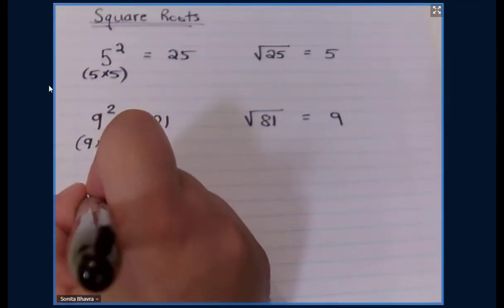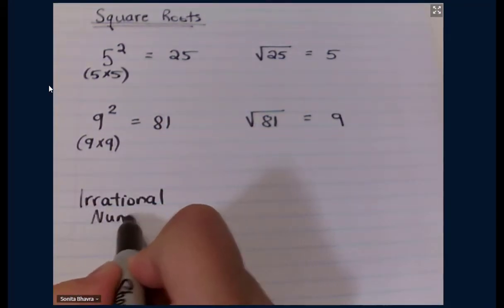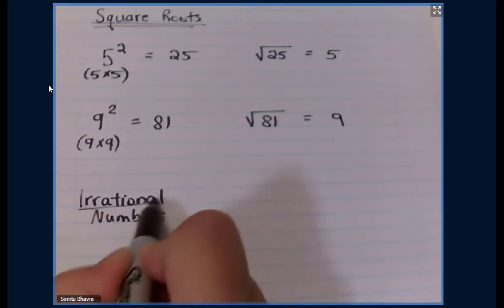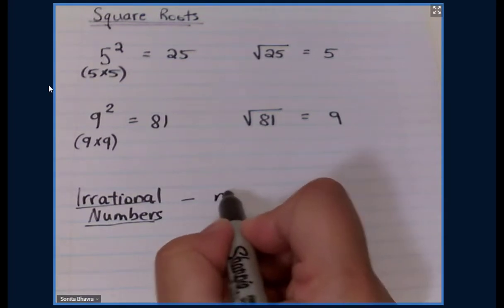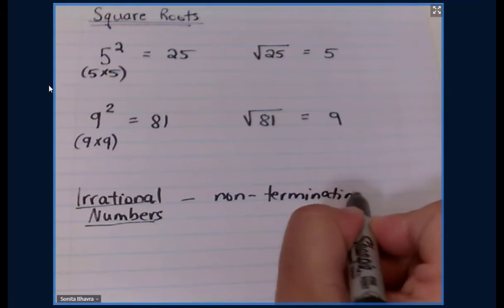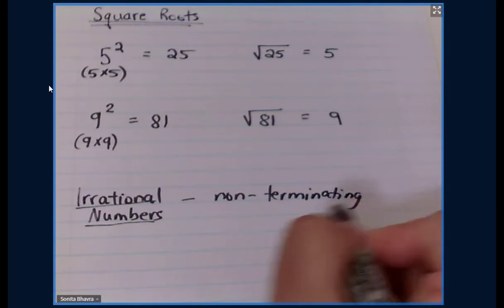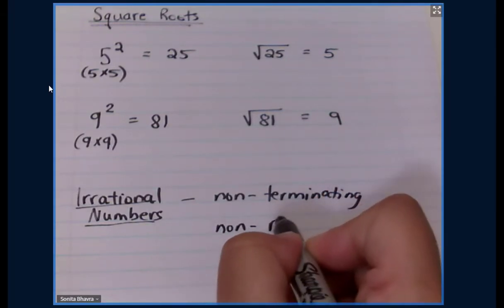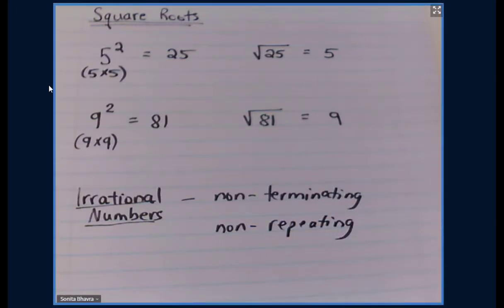So irrational numbers are non-terminating, meaning they don't ever end, they just keep going and going, but they're also non-repeating. So they don't repeat. They are just random numbers that keep going on forever. So those are called irrational numbers.